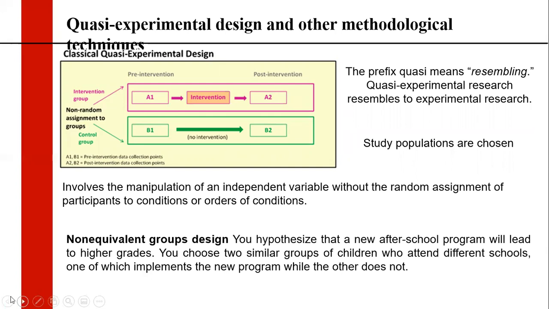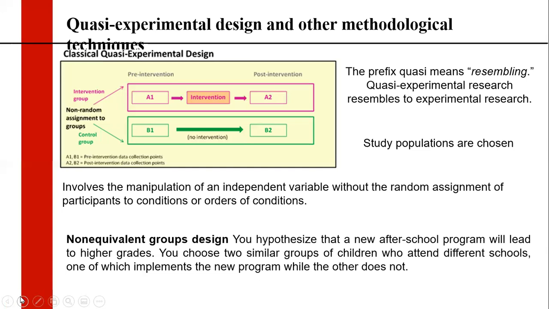So in quasi-experimental design and other methodological techniques, as you can see, there is the same type of image, and the only difference here is that it says non-random assignments to groups. That means that here they get to choose what type of study, what type of population is going to be done in the research. So this time they're not going to be randomized.